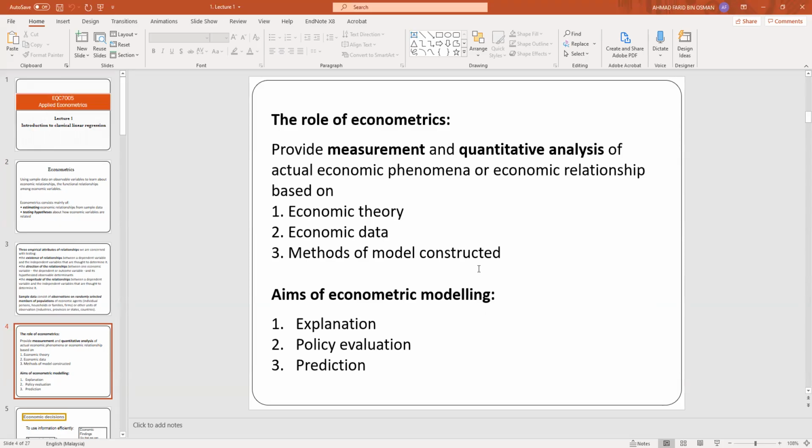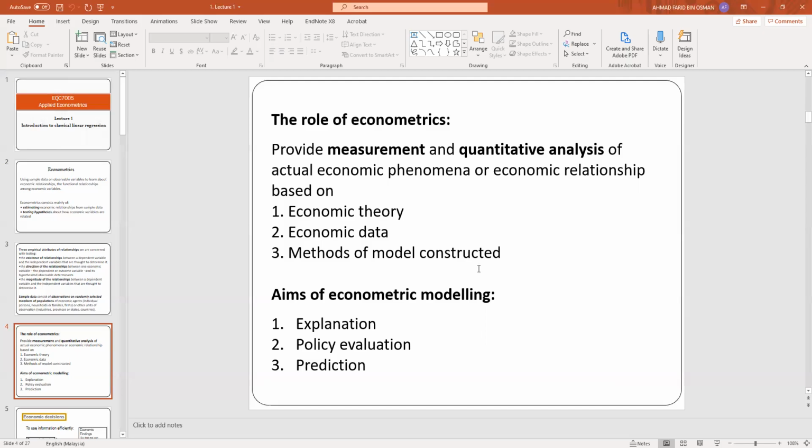So the aim of econometric modeling: first, we would like to explain the relationship between Y and X, between dependent and independent variables. And then we also use econometrics for policy evaluation. Let's say we want to know whether X really influences Y or not. Say the independent variable is the interest rate and your dependent variable is the money supply.